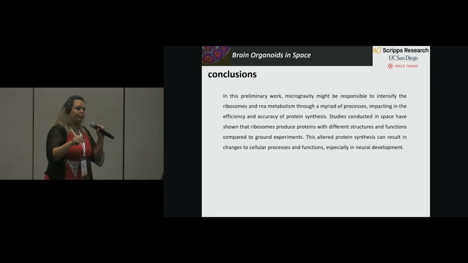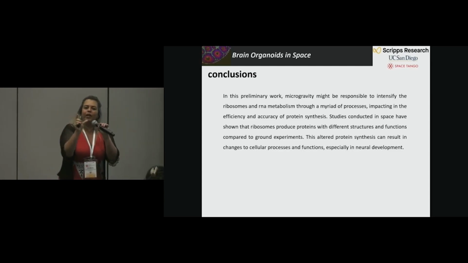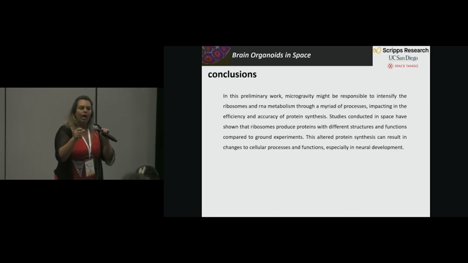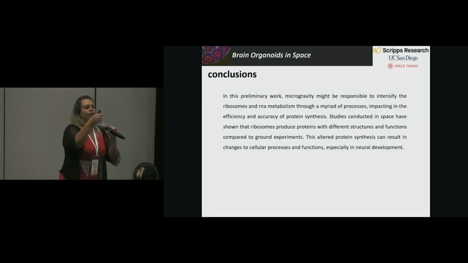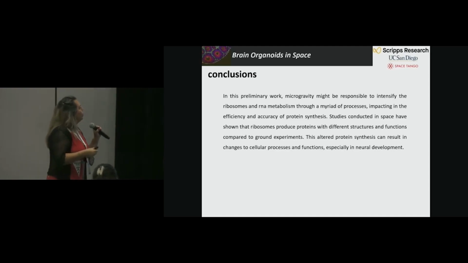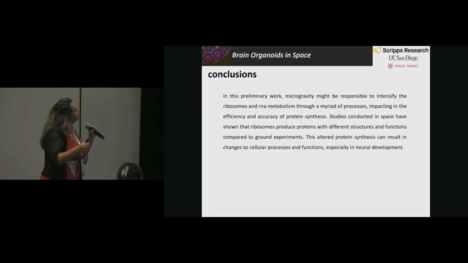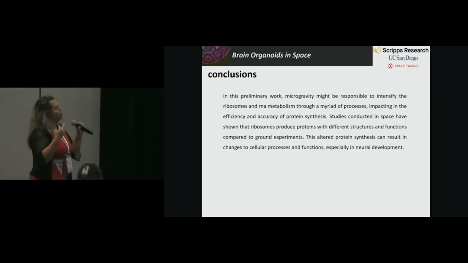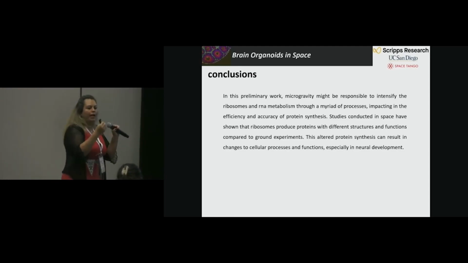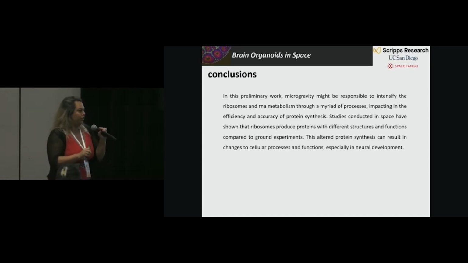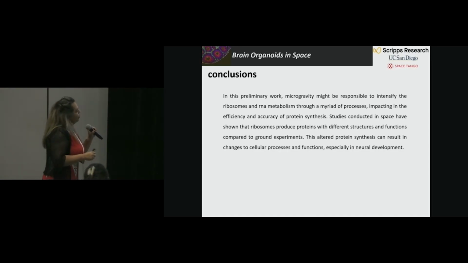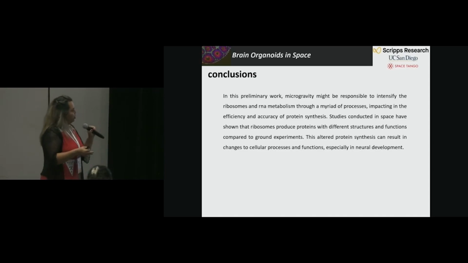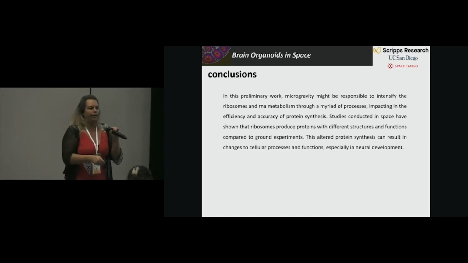So we think that microgravity, even in a very short time, 30 days, is still an important event in these models of brain organoids. Studies conducted in space have shown that ribosomes produce proteins with different structures and functions compared to ground experiments. That is for sure. This altered protein synthesis can result in changes to cellular processes and functions, especially in neurodevelopment.